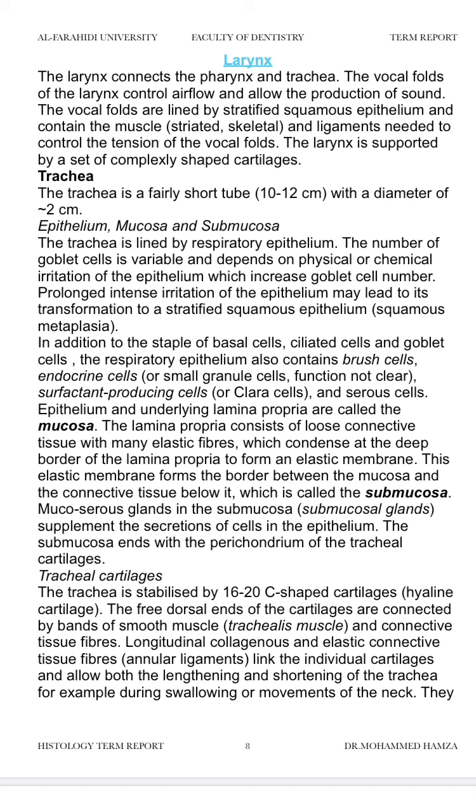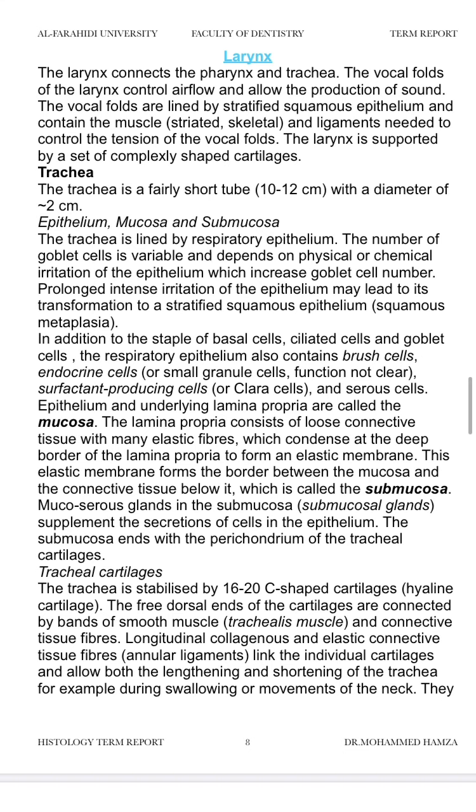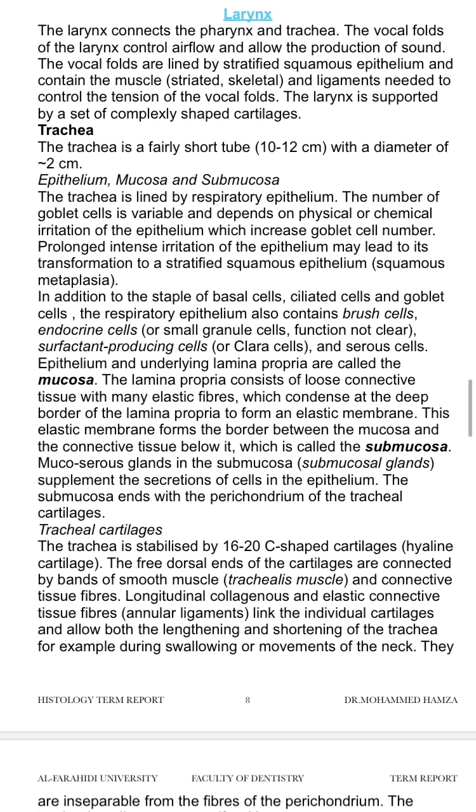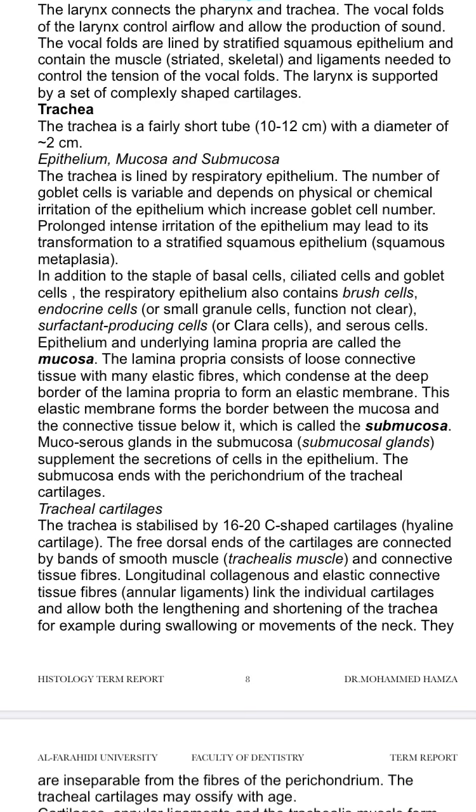Prolonged intense irritation of the epithelium may lead to its transformation to a stratified squamous epithelium, which is called squamous metaplasia. In addition to the basal cells, ciliated cells, and goblet cells, the respiratory epithelium also contains brush cells and endocrine cells, which are small granule cells, function not clear, and it also has serous cells.